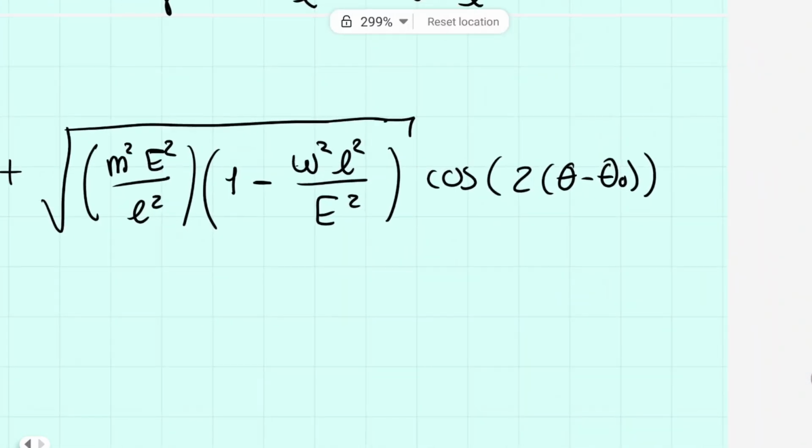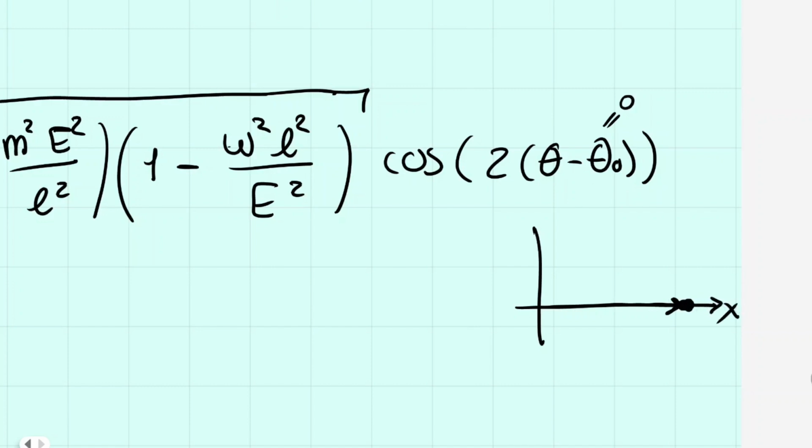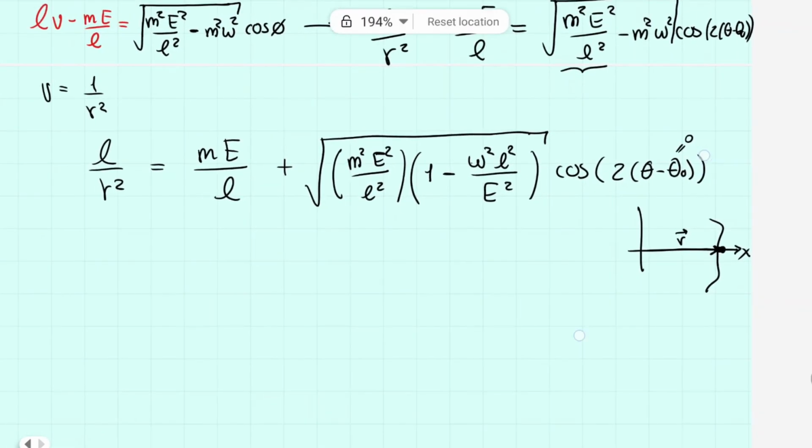Well, in this case, we can just take theta 0 to be equal to 0. And that will mean that if we are measuring the motion of the object, it will start exactly at the x-axis. This is r, so the object will start moving here in the x-axis, where theta is equal to 0.